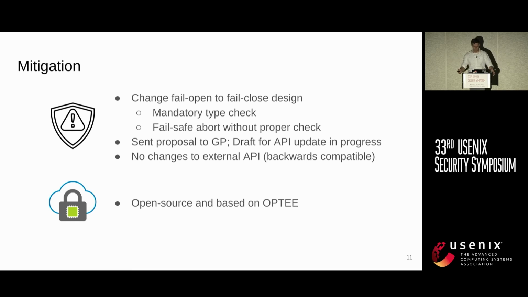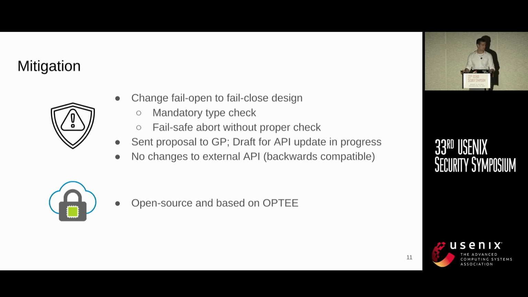So that's a design-based issue, and we wanted to do something about it, so we suggested a mitigation, which is also in the paper, and we wanted to change this fail-open design, right? Just a missing check, into a fail-closed design. And what we did, we changed the design in a way so that the check for these types is mandatory, and the trusted application would just abort in a fail-safe way when the proper check is missing.